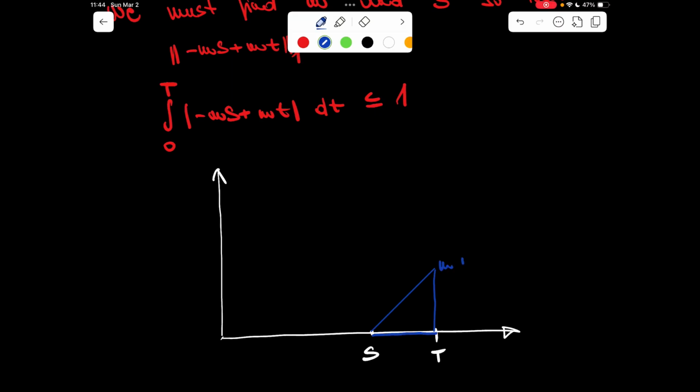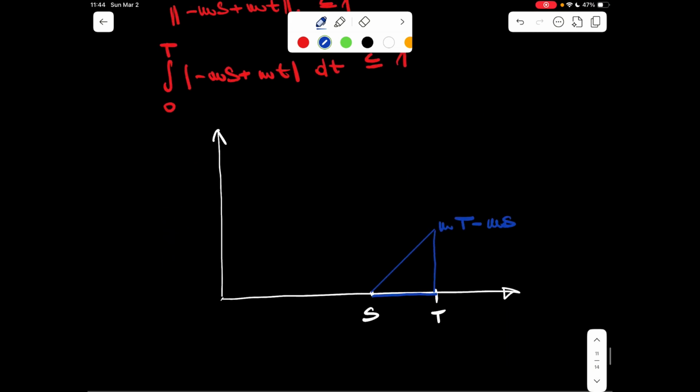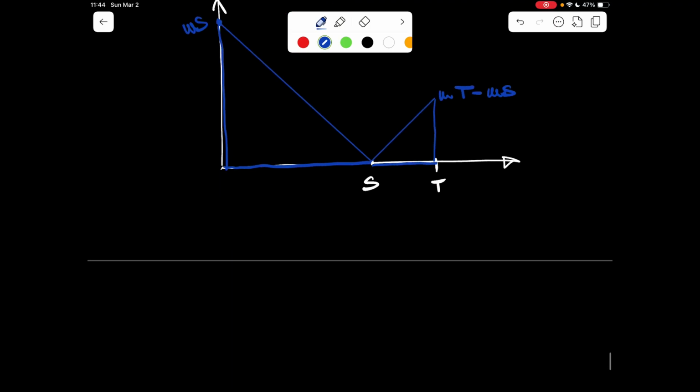This is mt minus ms. This is minus ms for the sake of good order. Yes, and we have another triangle here. This is ms. And we want to find the area of these two triangles.